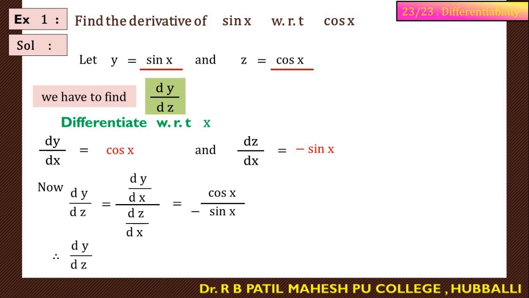So further writing, dy by dz is given by minus cos x divided by sin x, which is nothing but minus cot x. So this is the way of finding the derivative of one function with respect to another function, that is dy by dz.